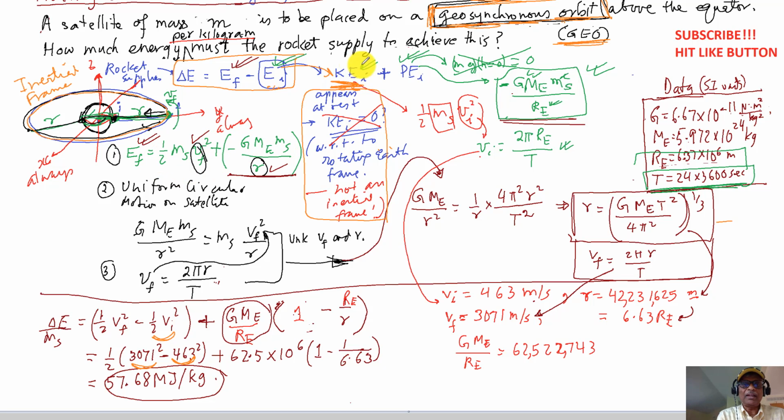So the initial state was very easy, and the final state turned out to have a whole bunch of unknowns. I needed to work out the final state by applying uniform circular motion, and since it's going in a circle, there has to be a relationship between the speed and the radius of the circle.